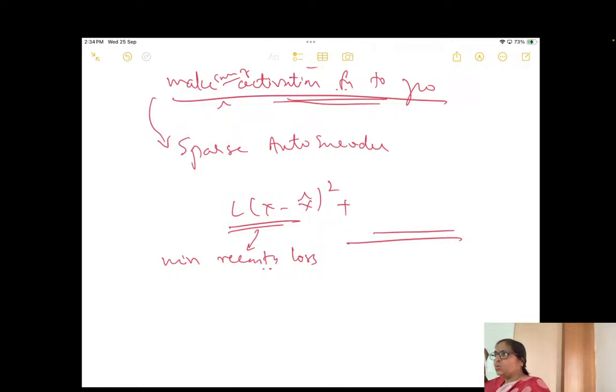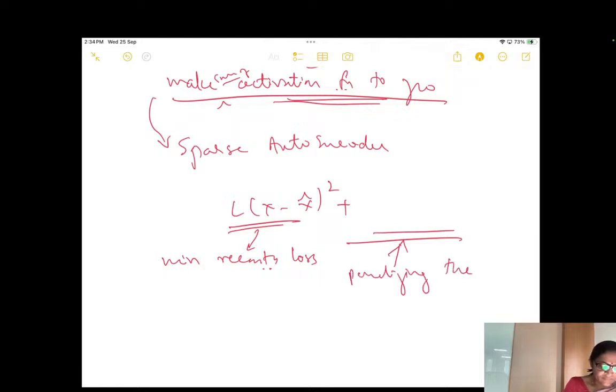So what does it do? Plus you are penalizing the activation functions.